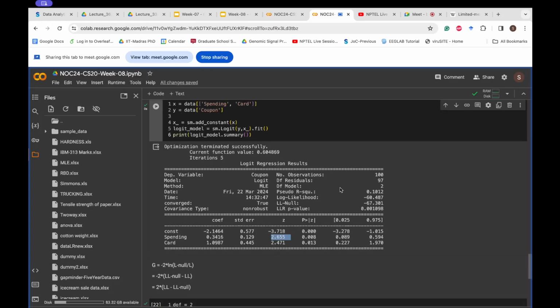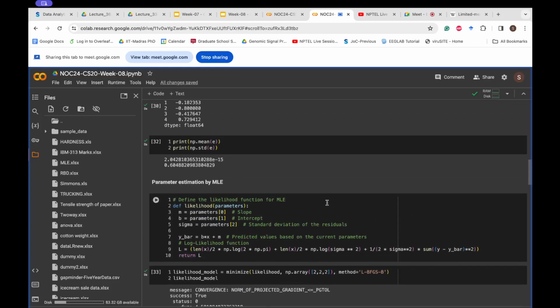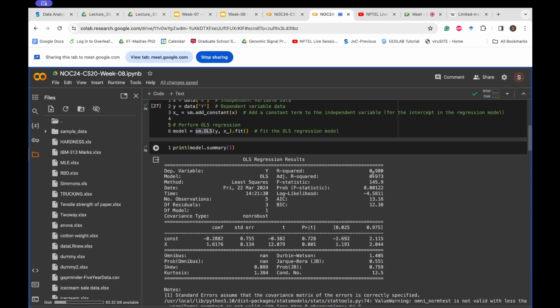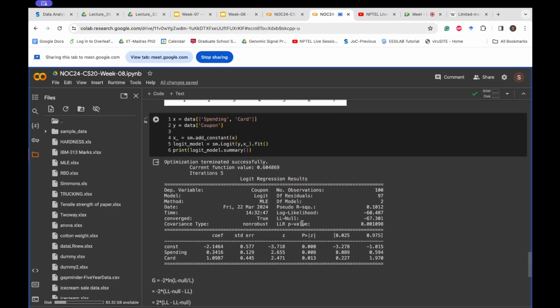And similar to the R square term that you saw in linear regression, in logistic regression we have this pseudo R square. It's not exactly R square, but it is used to show the variability that is getting captured by the logistic regression model.